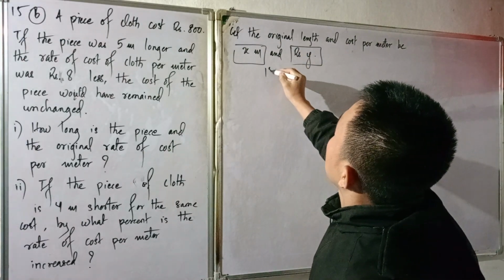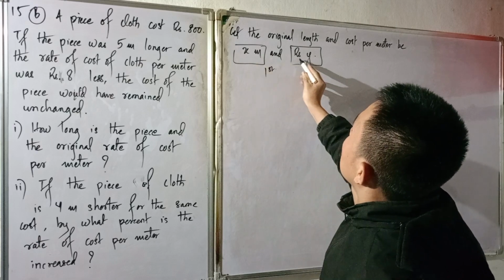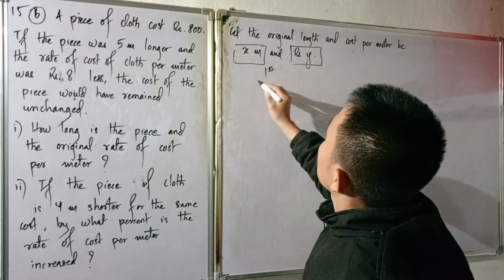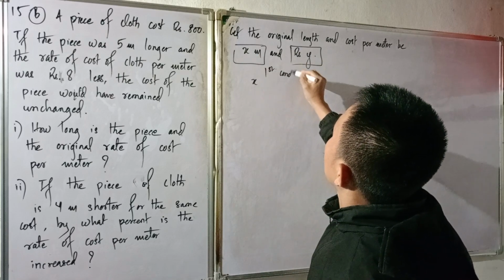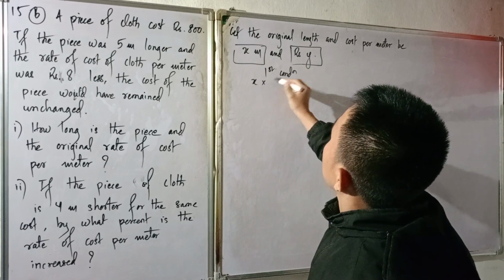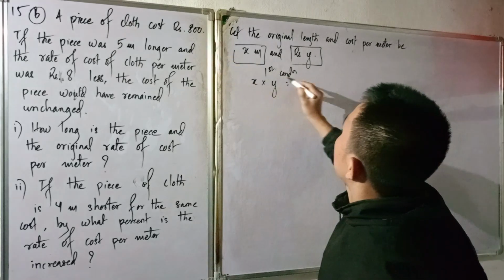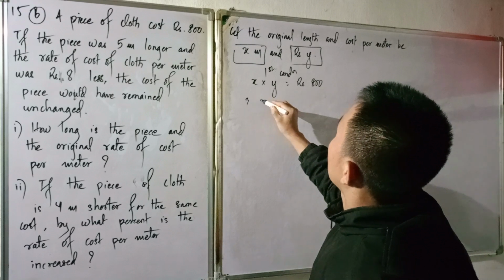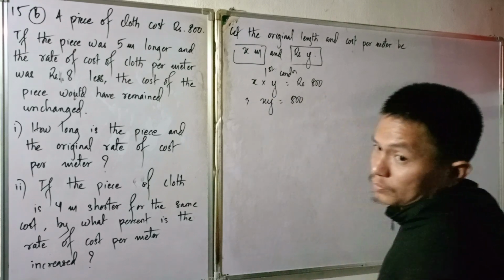So the first condition is: x meters times the cost per meter rupees y, so x multiplied by y is equal to rupees 800, the total cost of the piece of cloth. That is, xy is equal to 800.